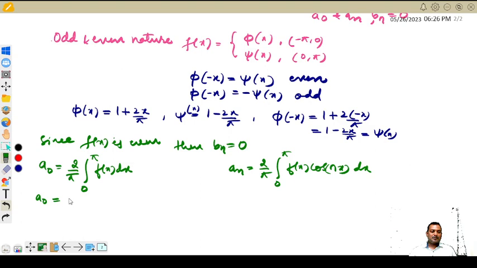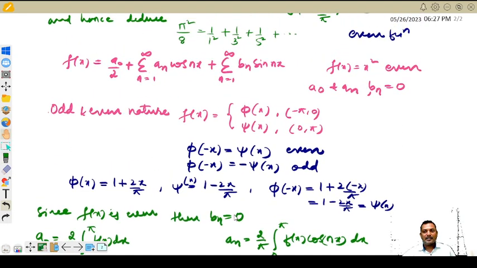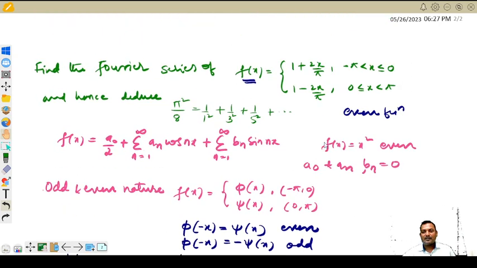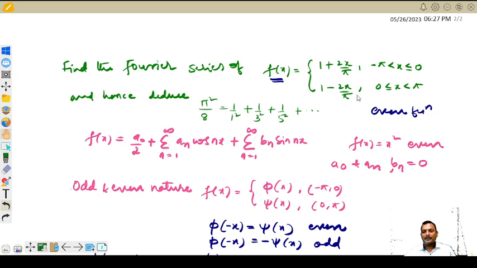Students, just substitute the value of f of x in the interval 0 to pi. Just go back. What is the value in the interval 0 to pi? In the interval 0 to pi, the value of f of x is 1 minus 2x by pi.